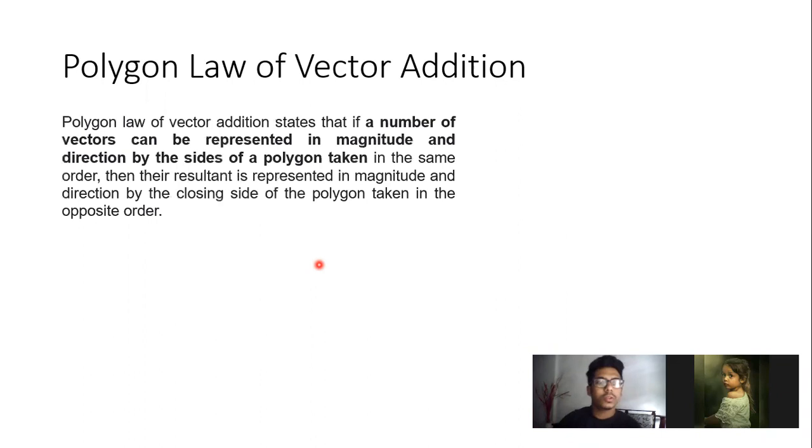Polygon law of vector addition states that if a number of vectors can be represented in magnitude and direction by the sides of a polygon taken in the same order, then their resultant is represented in magnitude and direction by the closing side of the polygon taken in the opposite order. So first write down this statement or the law. Once you finish writing that, let me know, so I'll start to explain what it means.